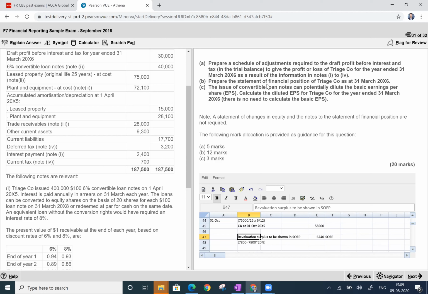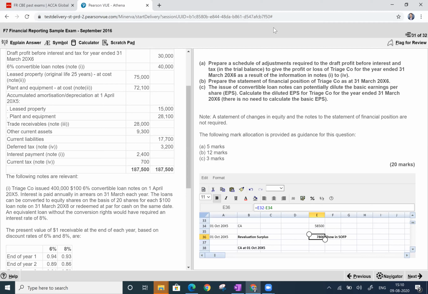What we need to know is what is the deferred tax related to this revaluation surplus? Your revaluation surplus is 7,800. So 7,800 into 20%, 1,560 is the amount that you have to show. So if you're taking 6,240, it is after deferred tax. So what's the correct revaluation surplus?